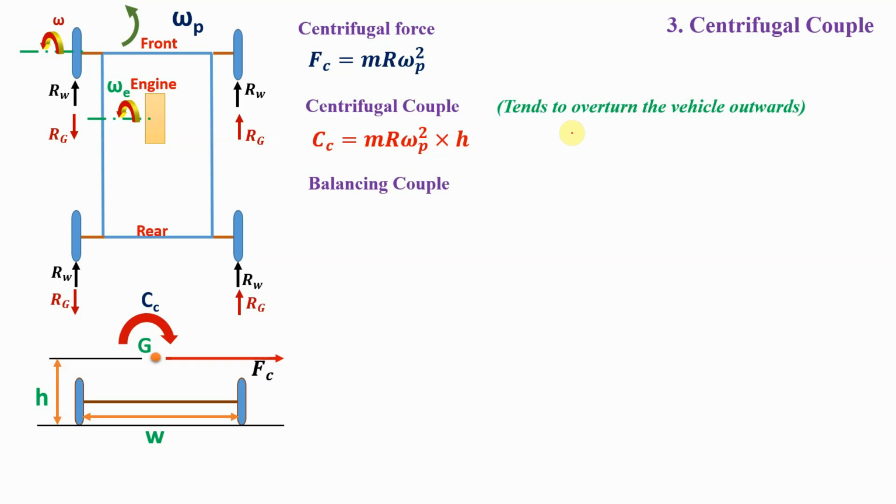Now to avoid this, a balancing couple will be produced opposite to Cc. So if this is Cc, the balancing couple will be produced opposite to this by these forces Rc. So the magnitude of the balancing couple will be Rc into W.